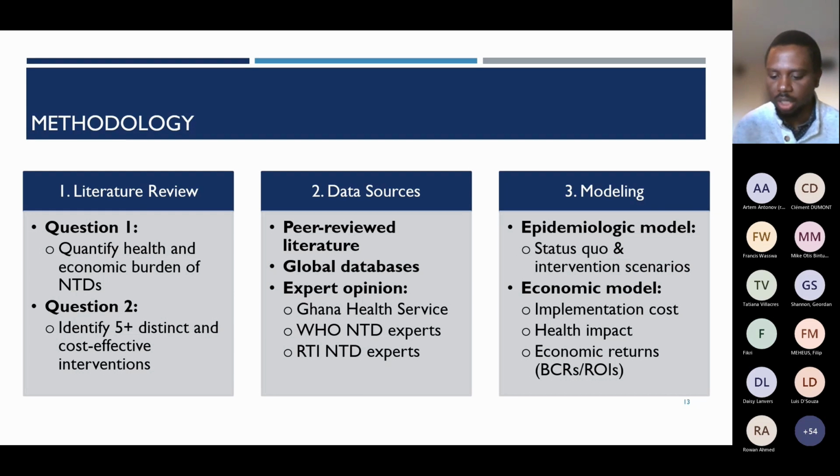And also the economic model, the standard benefit cost analysis and return on investment analysis, looking at the cost of each intervention, the impact of the intervention on mortality and morbidity, and then estimating the economic returns. So both the benefit cost ratios and return on investment for each of these interventions, looking at them individually and also as a package.